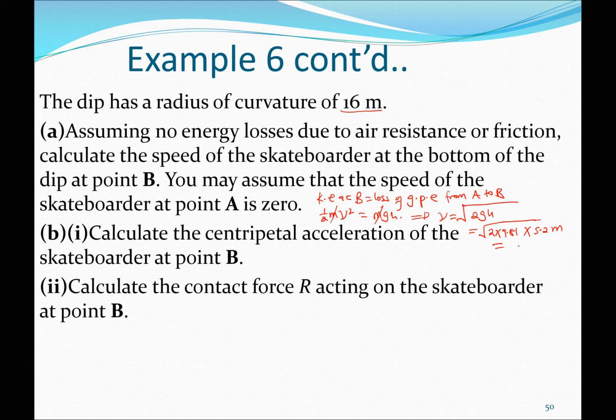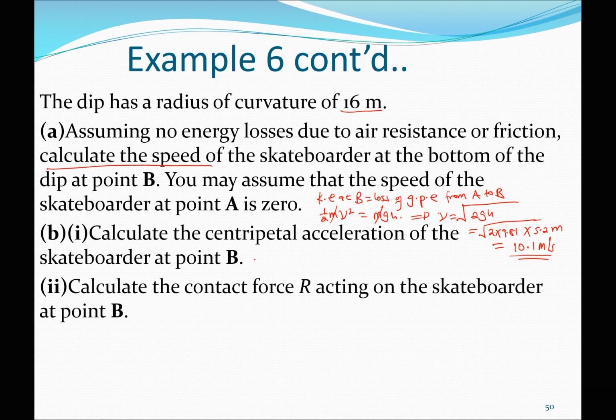So what is this speed? 2 times 9.81 times 5.2 under the square root. So this is 10.1 meters per second. So that is the speed of the skater at the bottom.